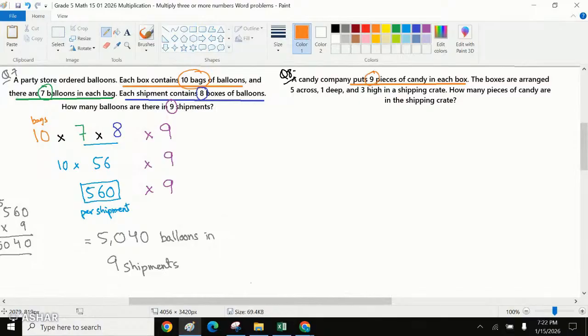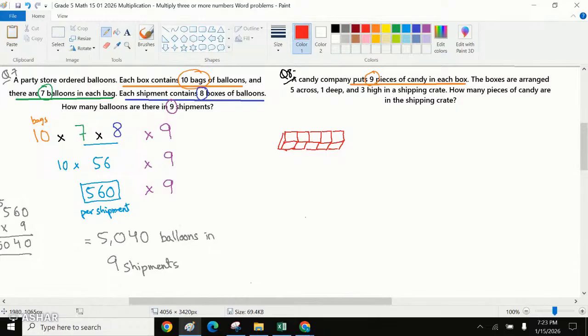One box has 9 pieces. The boxes are arranged 5 across, 1 deep, and 3 high. So this is something like this: 5 across, 2, 3, 4, and 5. We can say these are the boxes.